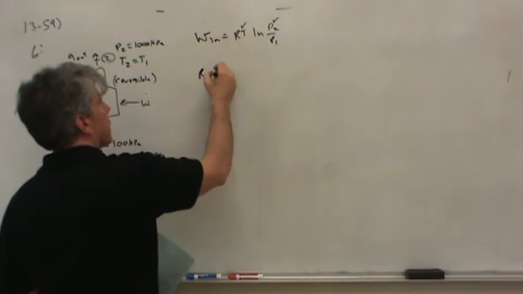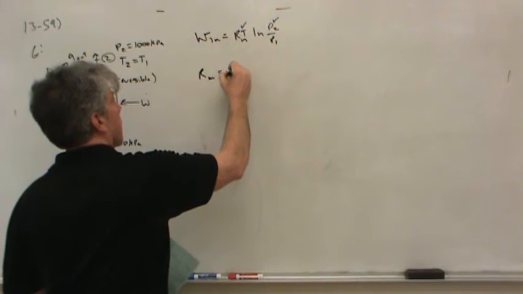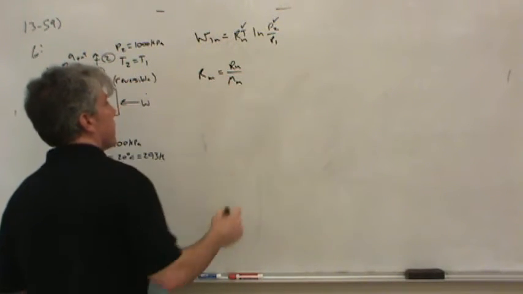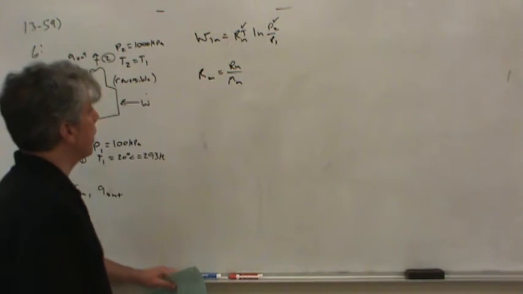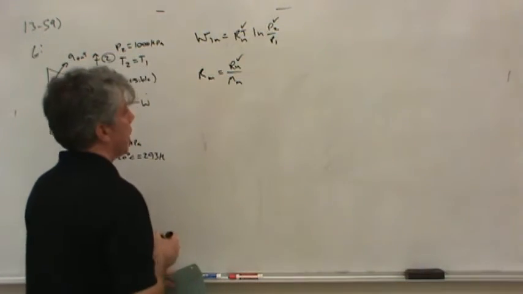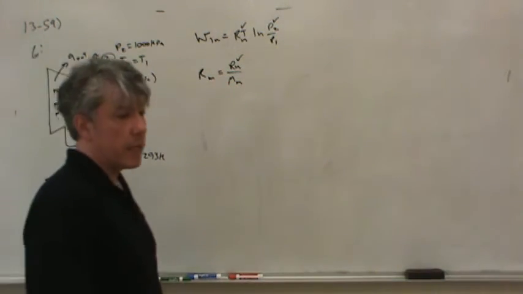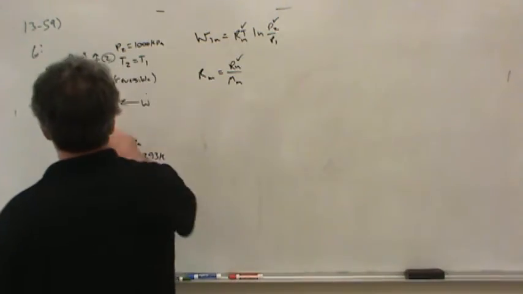Well, the apparent gas constant of the mixture is the universal gas constant divided by the molecular weight of the mixture, or the apparent molar mass of the mixture. The universal gas constant is no problem, I've got that memorized, but the average molecular weight needs to be calculated. So what I'm going to need is the molecular weight of each one of these things.